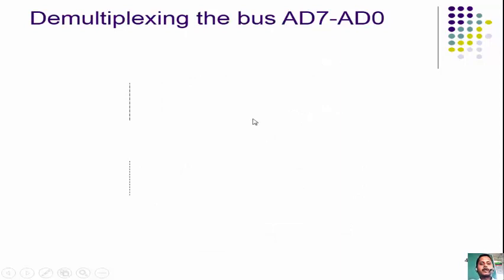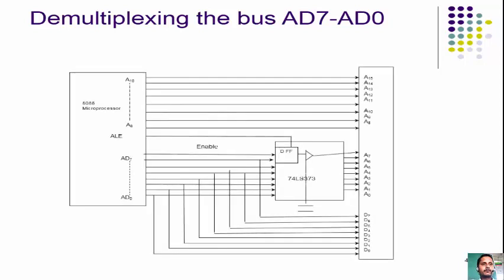Now we will see the demultiplexing concept. Okay, so as I said, address and data bus lines are multiplexed, that is AD0 to AD7. So in this particular diagram we can see the microprocessor at the left hand side.